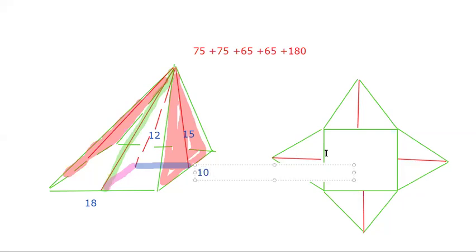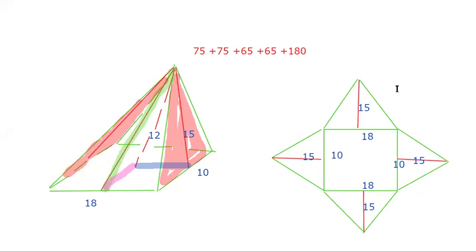So that means this side is 10. This side was 18. 18 and 10. Just going to label that. And then 15 on every single one of these heights. So now look, you have 4 triangles. You can easily calculate the area of the 4 triangles and then the square on the bottom.